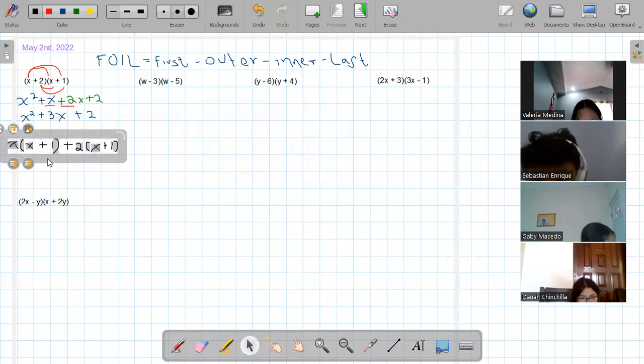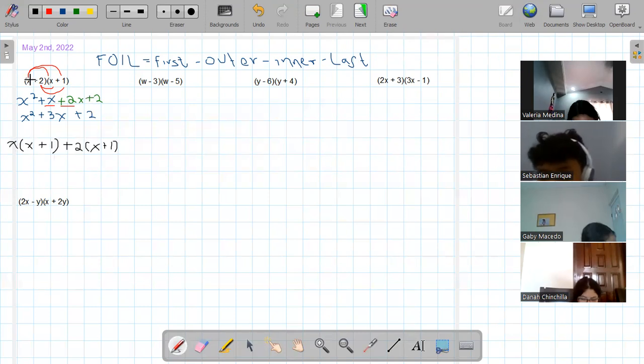Now, why is this a little bit more complex? Because what if you had over here after the 2 something else, like, I don't know, 3y, and I'm just making that up. If you had a 3y, then you had to do again the plus 3y and copy again the first parenthesis.